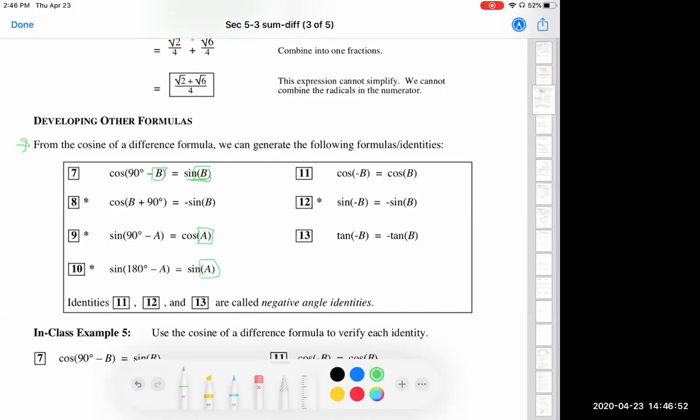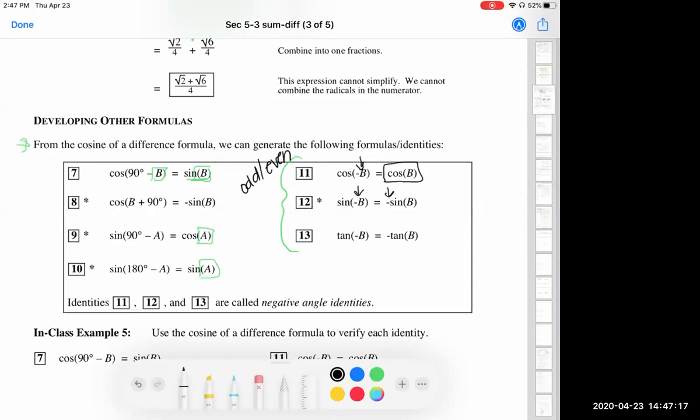Now here, these are your odd and even functions. So if I take cosine and that value on the inside is negative, it would be the exact same thing as if there were no negative. And that's so cool. Sine, if I have sine of a negative argument, it would be the same thing as just taking the negative and writing in the front.